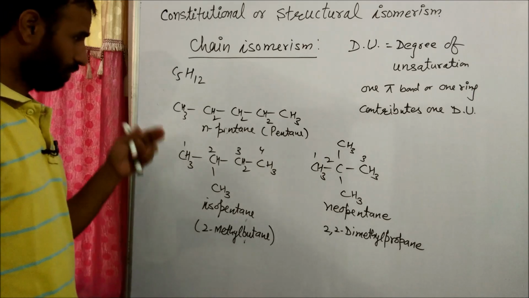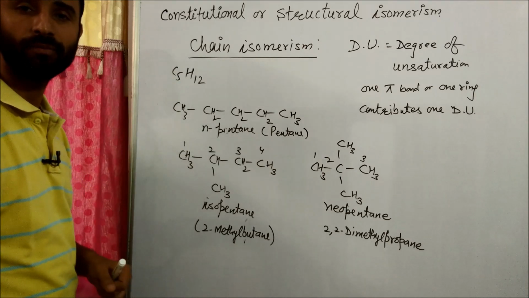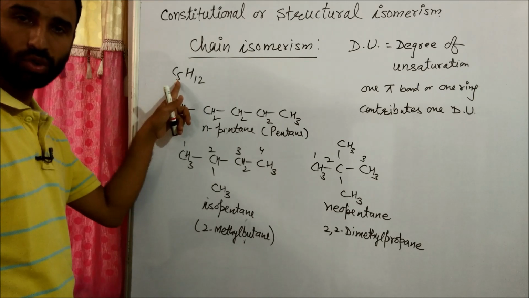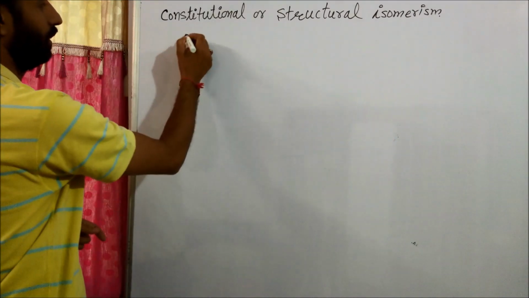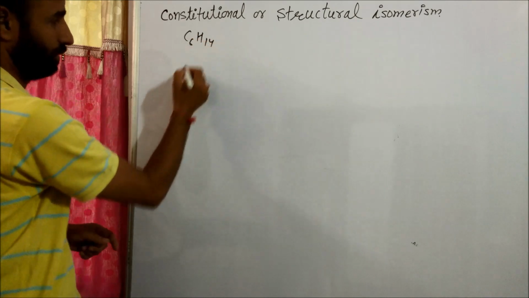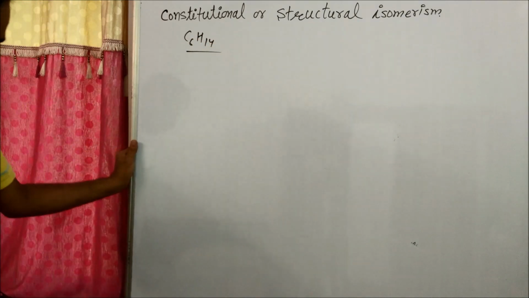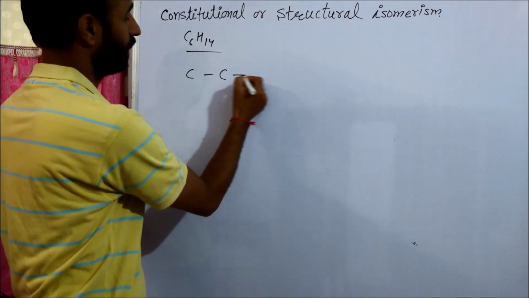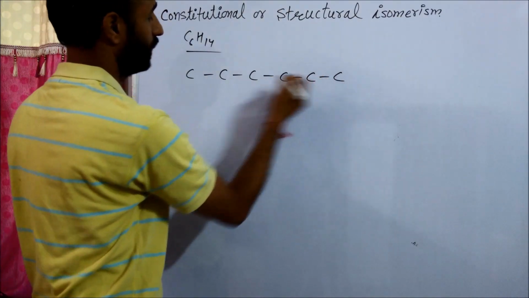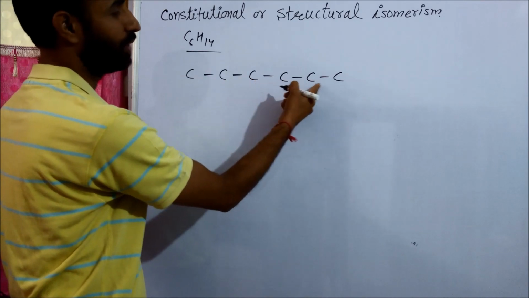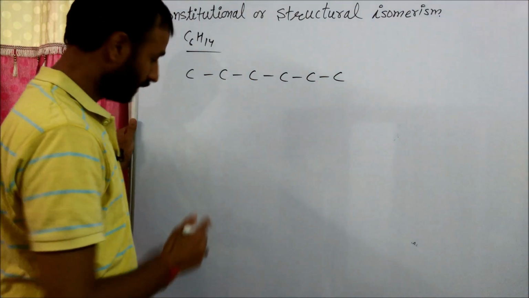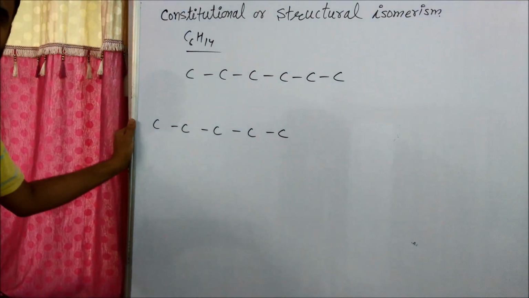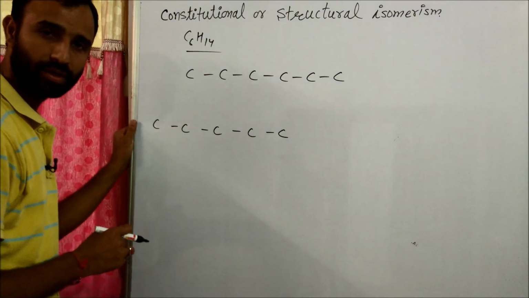Now could you calculate the total number of isomers of hexane, C6H14? So what do you do? First, there are 6 carbons, 1, 2, 3, 4, 5, 6. Then reduce 1, so 5 carbons, 1 carbon left.